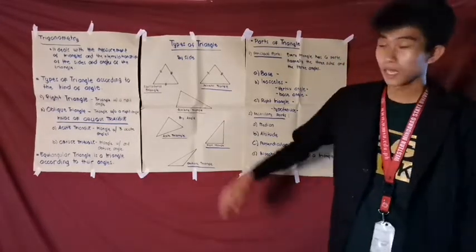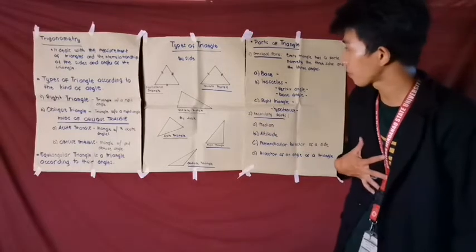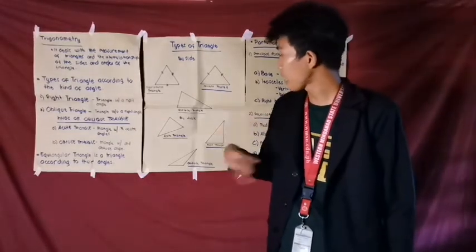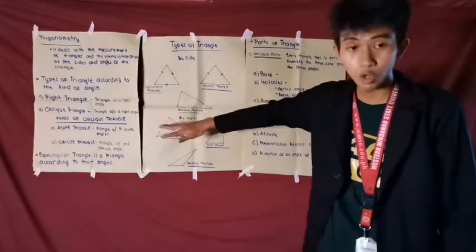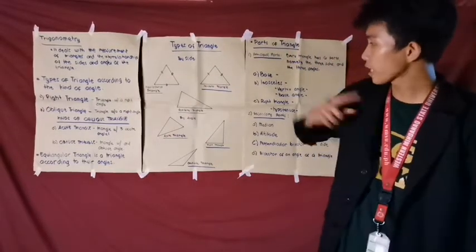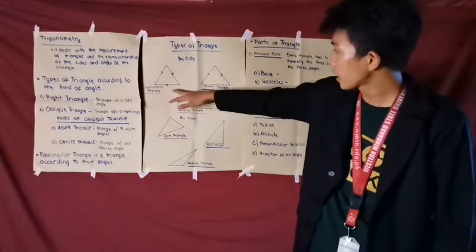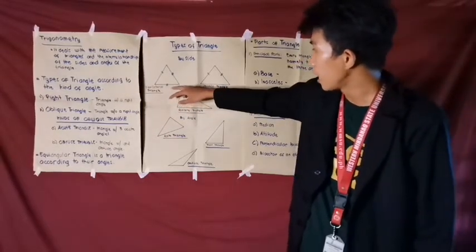So, there are 6 types of triangle. Basically, it is according to sides and also their angles. First is the equilateral triangle, with three equal sides.